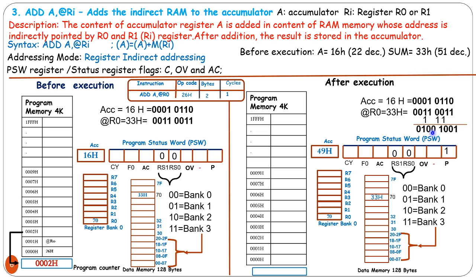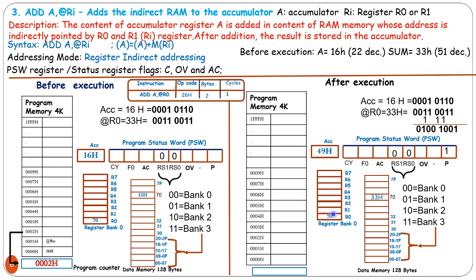0100 gives 4, and 1001 gives 9. So 49 is the content of the accumulator here. So after addition, after execution, the content of the accumulator becomes 49H. But the content of random access memory is not changed. It remains as it is.